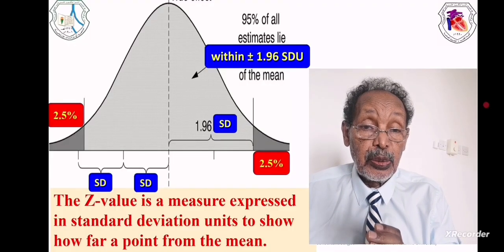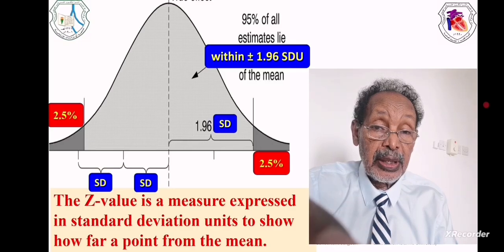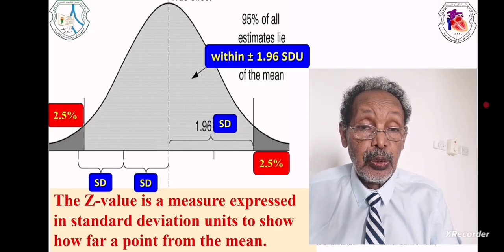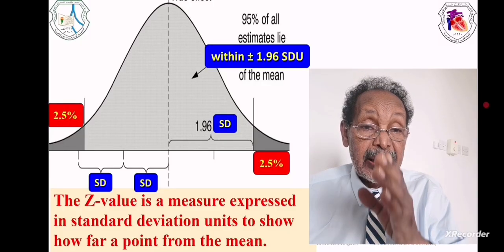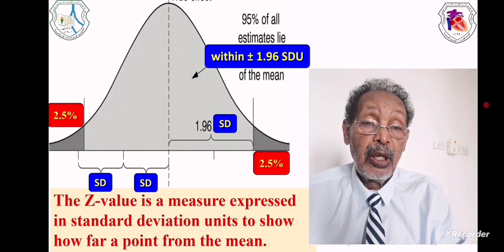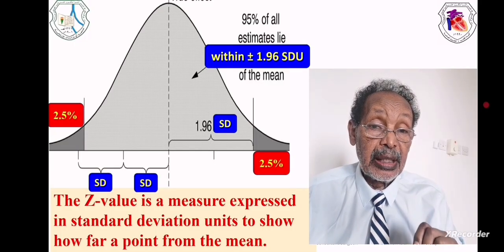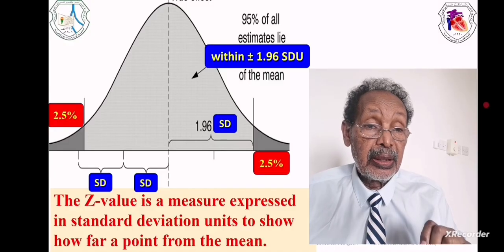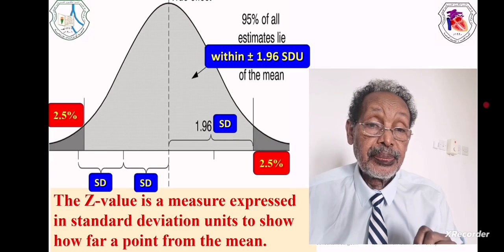Before completing the 2 units to the left, exactly at 1.96, there is a cutoff between our 95% confidence interval and the significant 5% that remains outside, or in fact half of the 5% that remains outside.